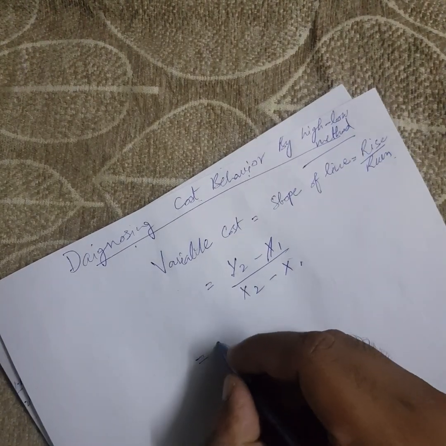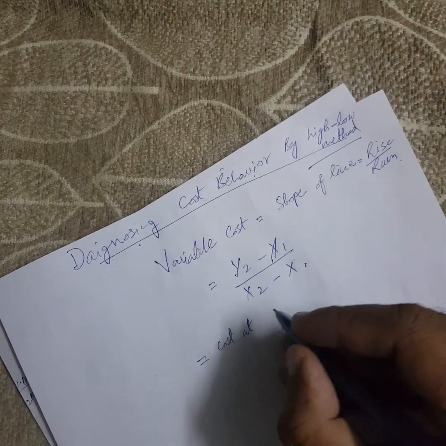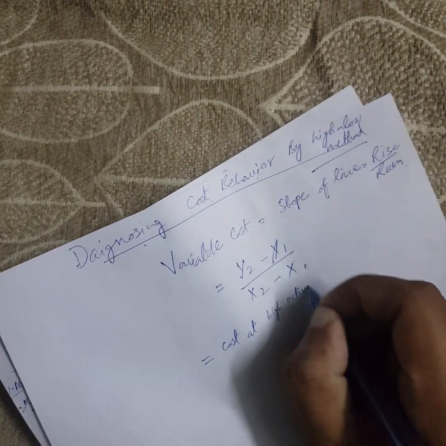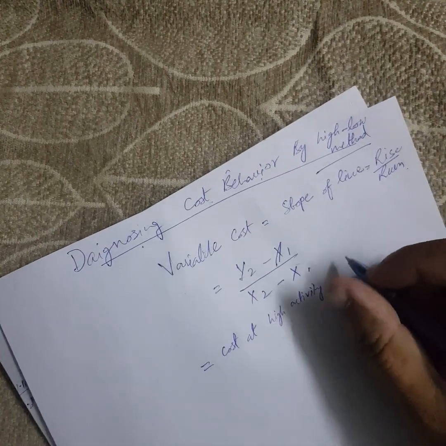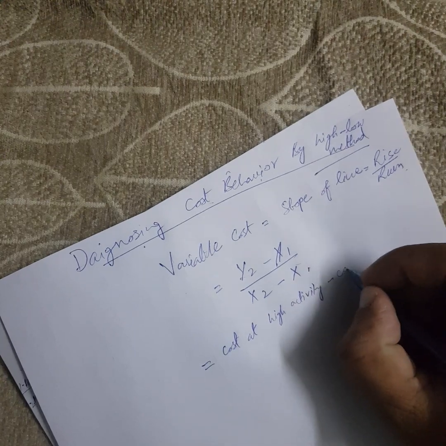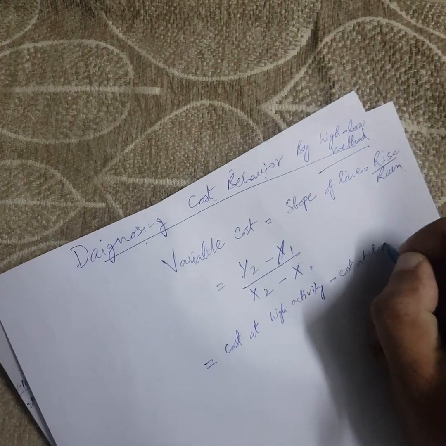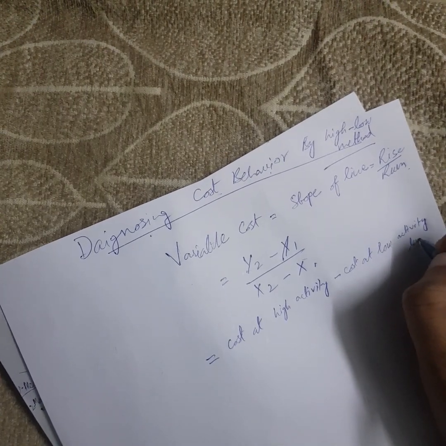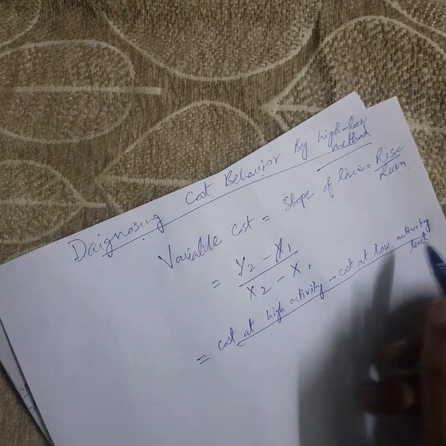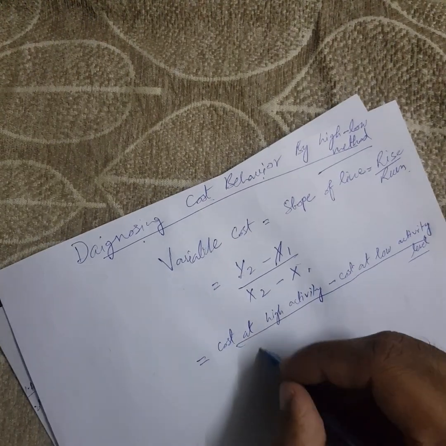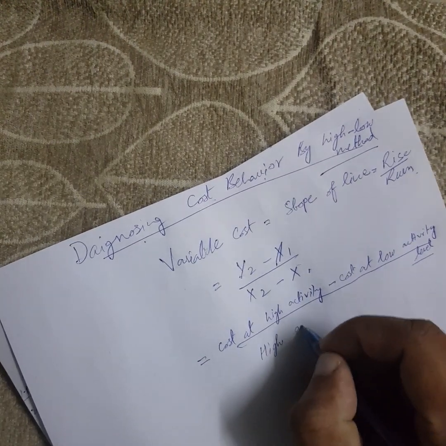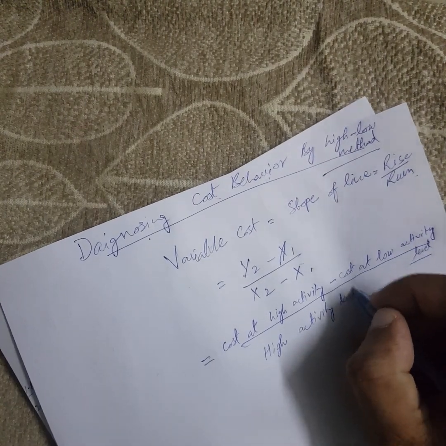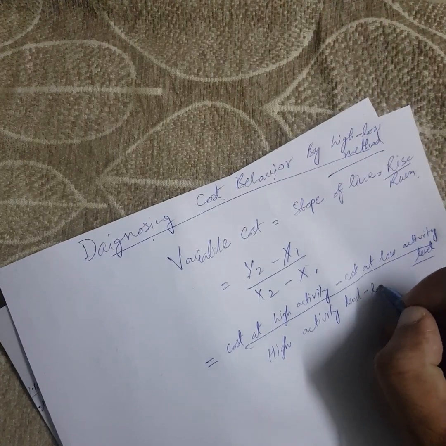These costs are cost at high activity level minus cost at low activity level, divided by high activity level minus low activity level.